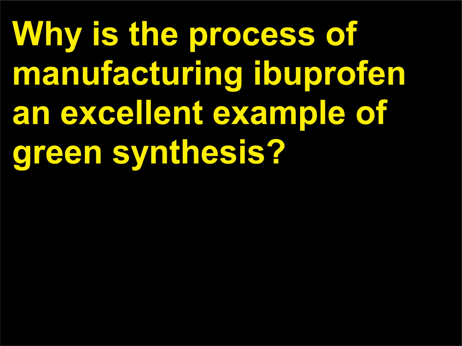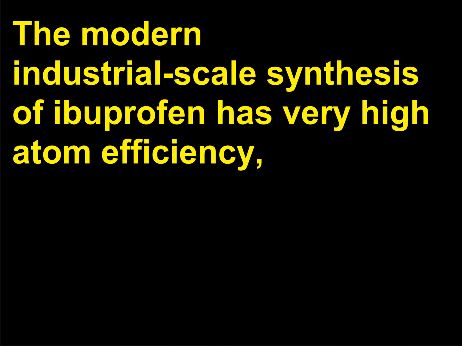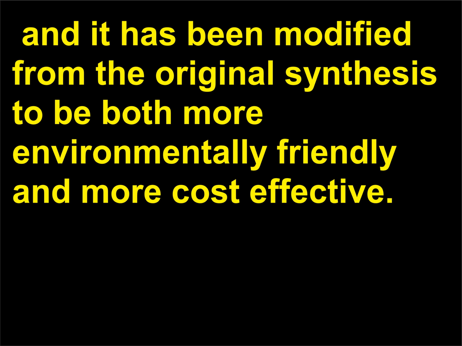Why is the process of manufacturing ibuprofen an excellent example of green synthesis? The modern industrial-scale synthesis of ibuprofen has very high atom efficiency, and it has been modified from the original synthesis to be both more environmentally friendly and more cost-effective.